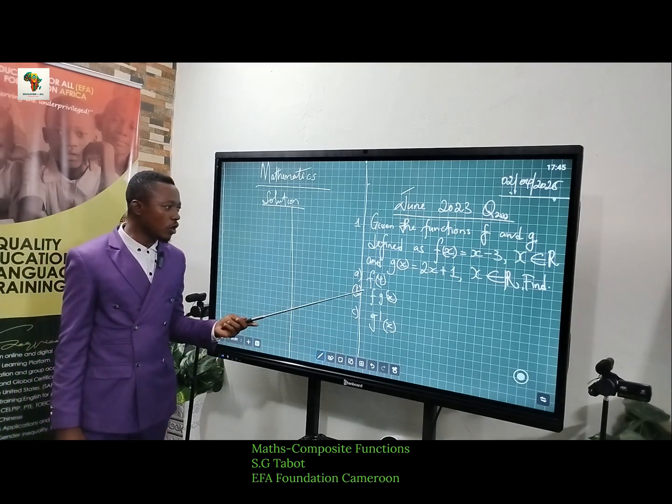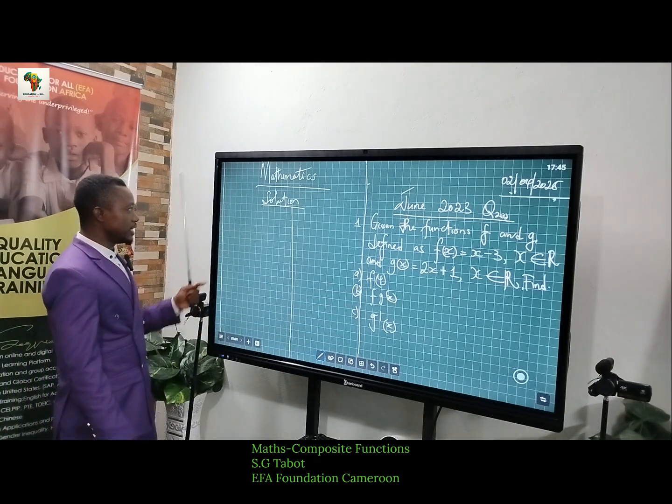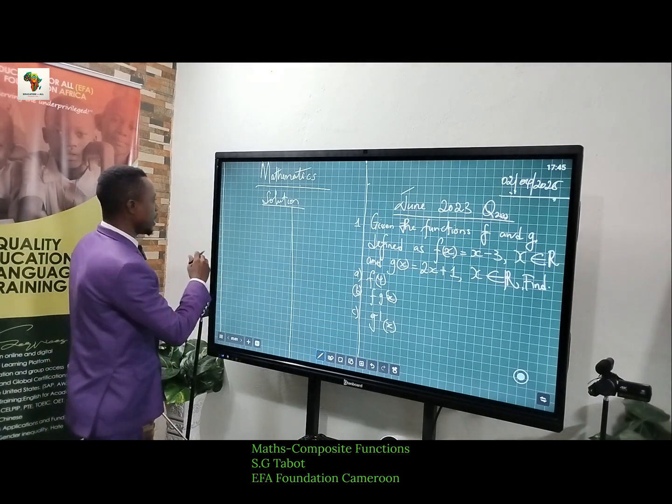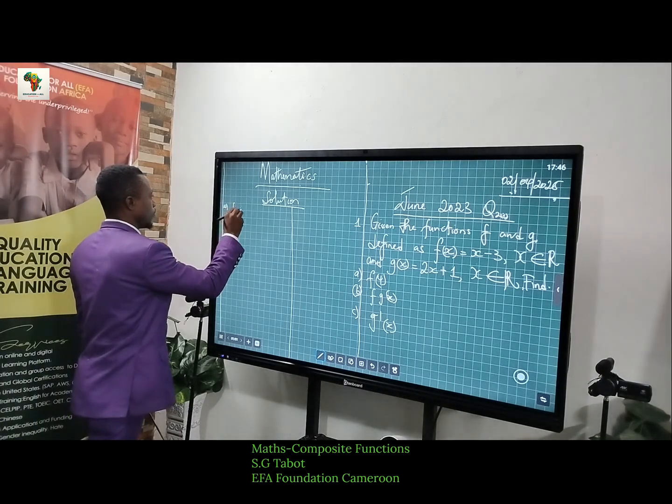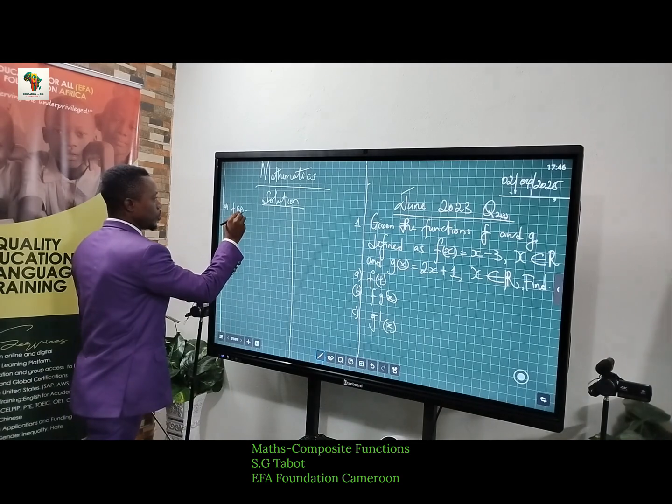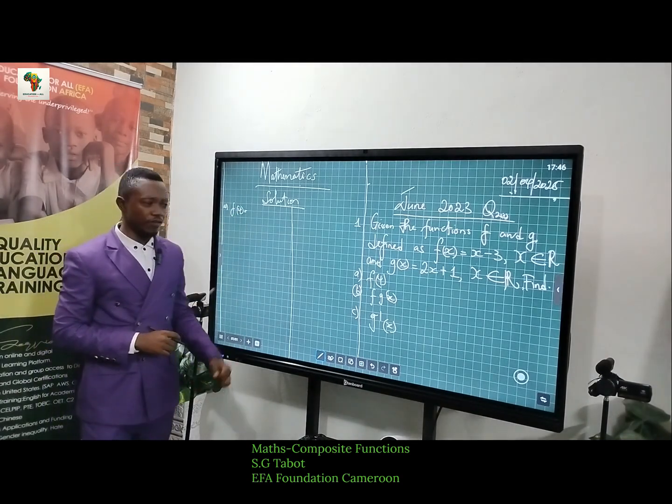How are we supposed to solve the first part of the question? This is our solution. You have here A, f of 4. You don't just go directly and solve for the function f of 4.